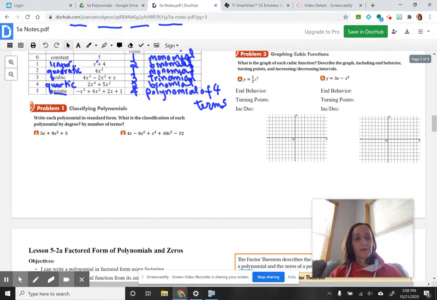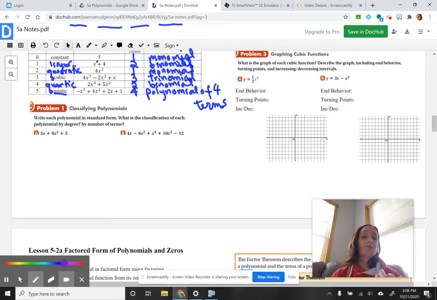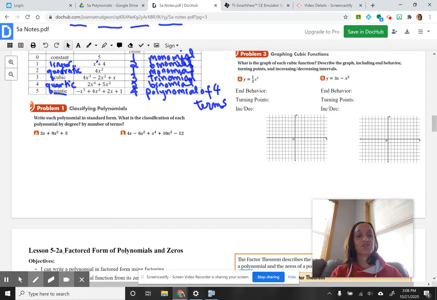All right, classifying polynomials. This is, again, based on that little table that we just did. Write each polynomial in standard form. What is its classification of each polynomial by degree and by the number of terms? The first thing you have to do is list it out the way you're supposed to list it, which is the highest degree first. That's from that key concept up above. So we do need to change this and say x squared plus 3x plus 5 because they were out of order.